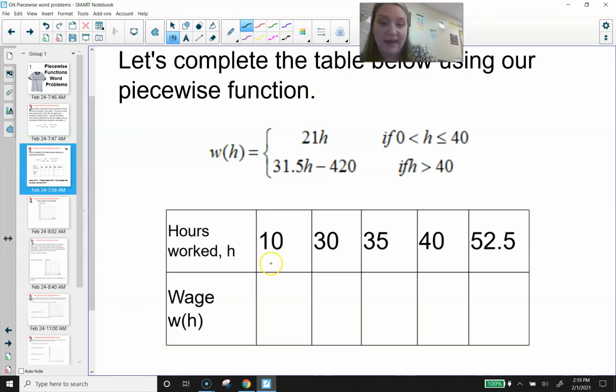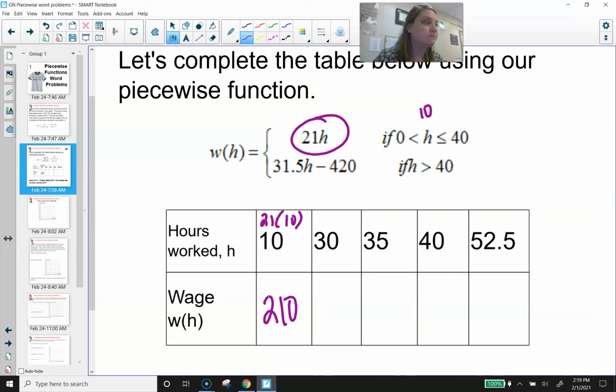So since here we have H equals 10, okay, well 10 is between 0 and 40. So we're going to plug it into this equation. So I'm going to do 21 times 10, which gives us $210, okay? The next one is 30. 30 also is between 0 and 40.